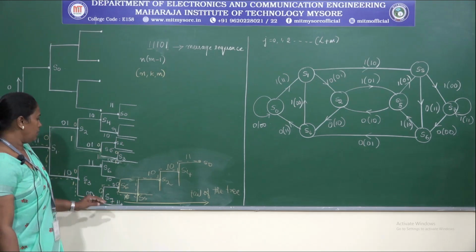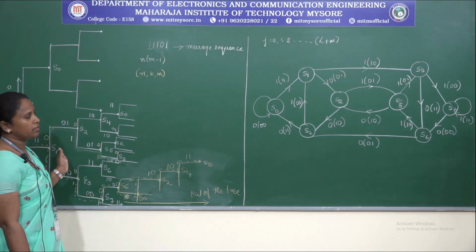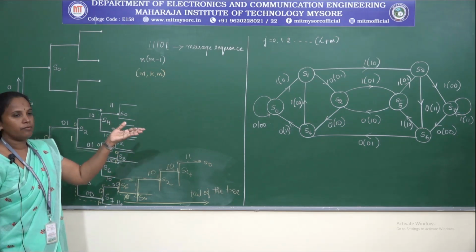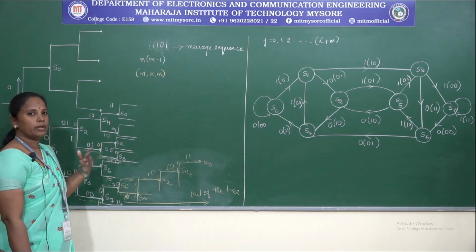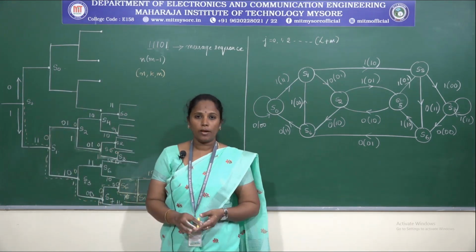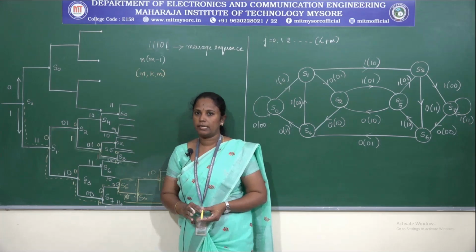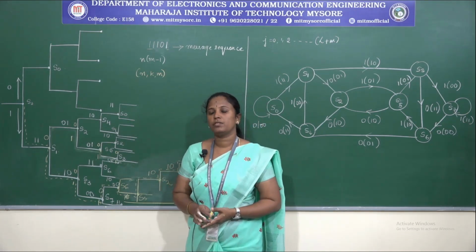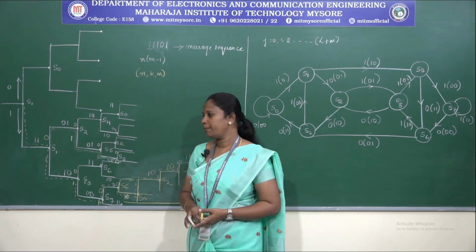Now, looking into this code tree, or the state diagram, from it we need to write a diagram which is called the code trellis. Why are we going to use this code trellis? We have some advantages of using the code trellis or the trellis diagram.